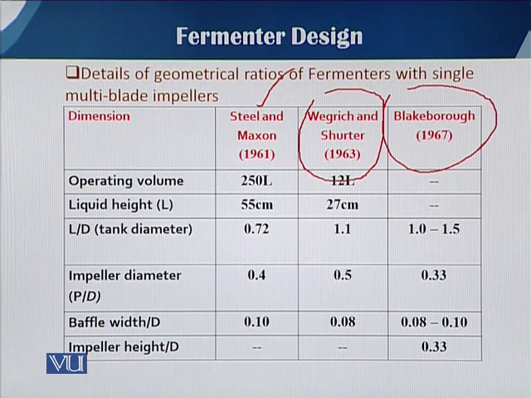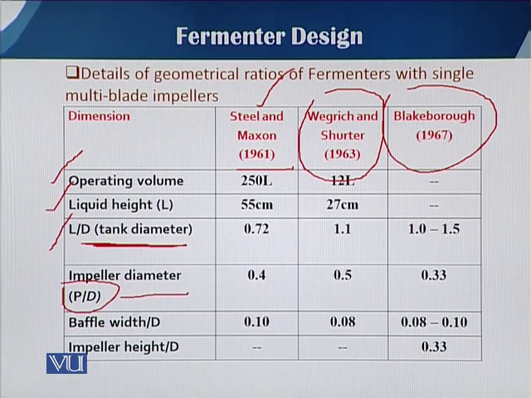According to these 3 models, they mention different geometrical ratios. You can see the operating volume, the liquid height, the ratio between liquid height and the diameter, which is very critical, and then the impeller diameter and the diameter.